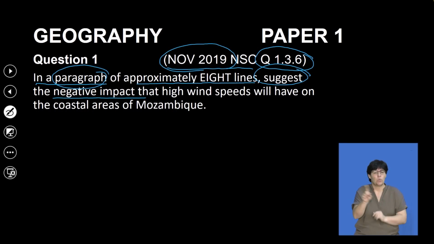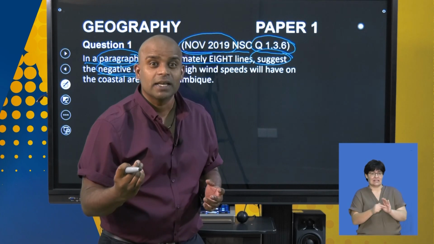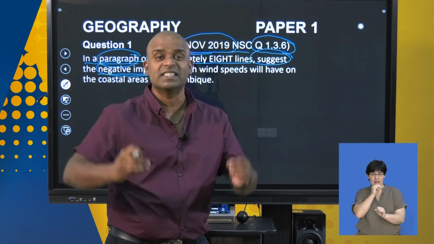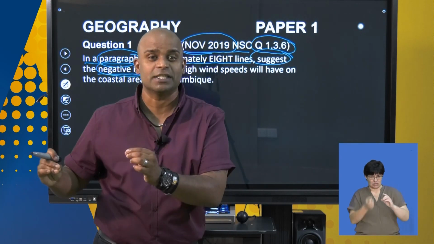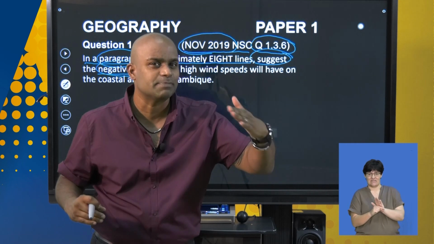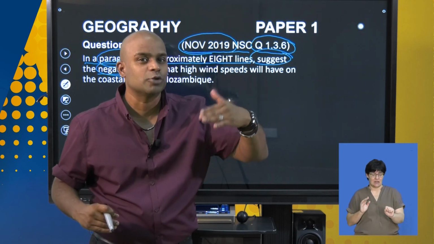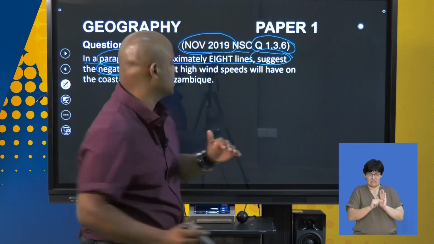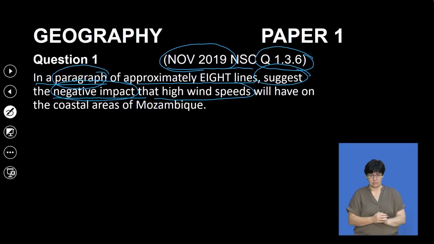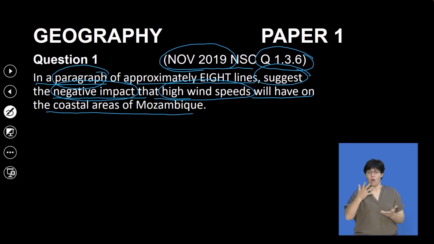The negative impact. Immediately, the impact of geographical phenomena is qualified as negative. So that means my responses must be all in terms of negative responses. High wind speeds will have on the coastal areas of Mozambique.